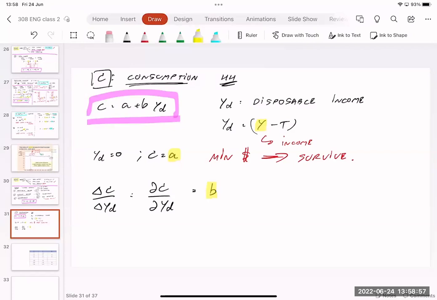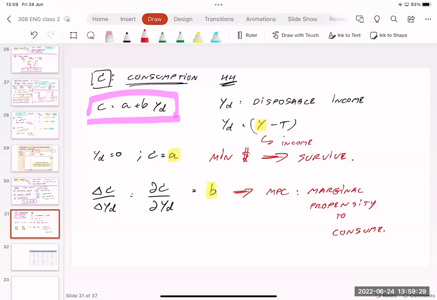If you have more income, how much more are you going to eat, how much more are you going to consume. This is shown by the variable B, and variable B has a name: MPC, the marginal propensity to consume.